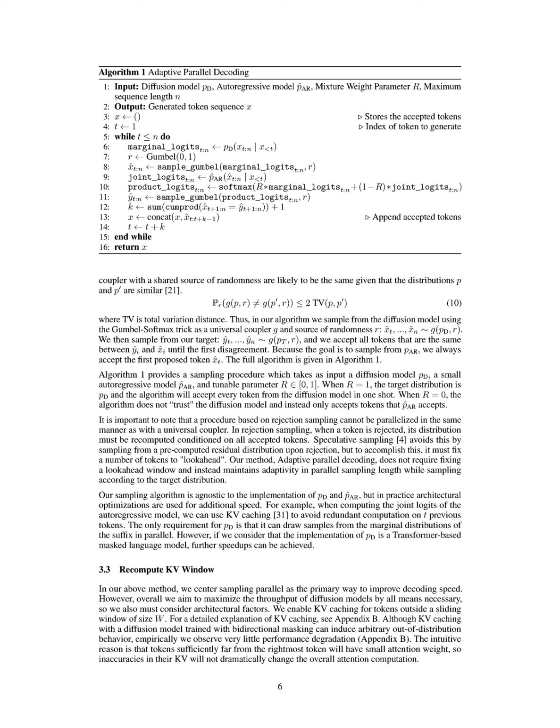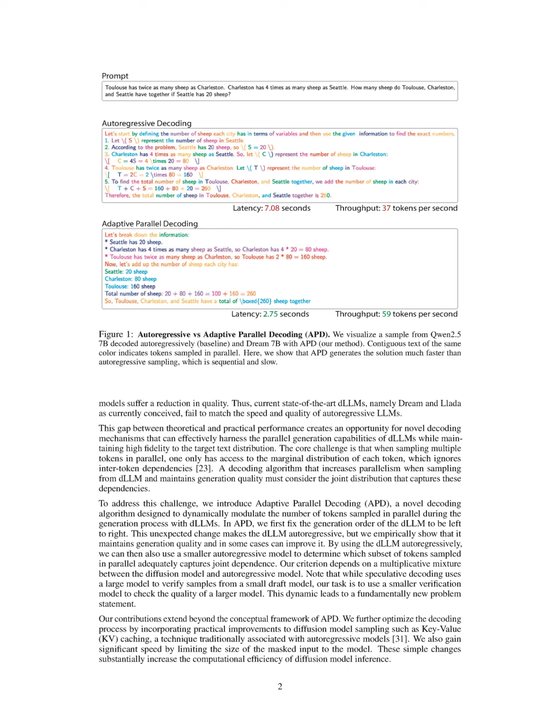If the diffusion model suggests "the cat sat on the mat", the algorithm checks the likelihood of this sequence using P_AR. If the likelihood is sufficiently high, the tokens are accepted. Otherwise, the algorithm may adjust the number of tokens sampled in the next iteration.